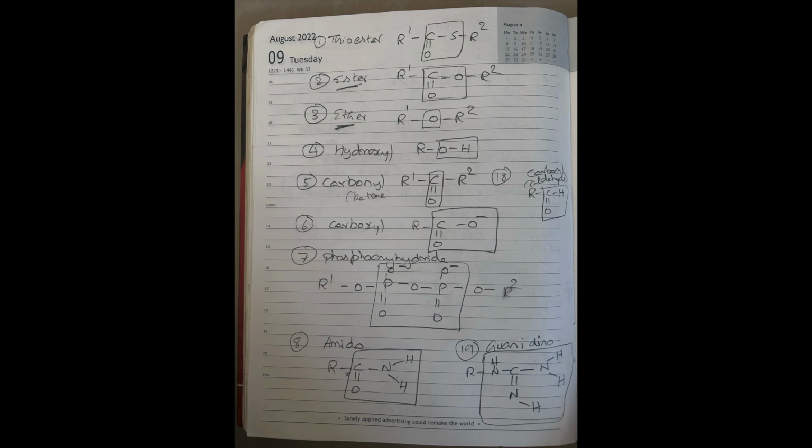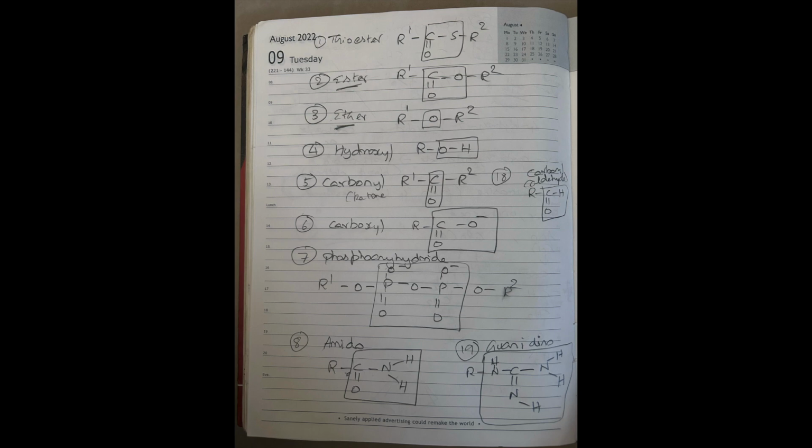And carboxyl means C double bond O minus, and phosphoanhydride means two phosphoryl groups linked by an oxygen, P double bond O minus, P double bond O minus linked by an oxygen.